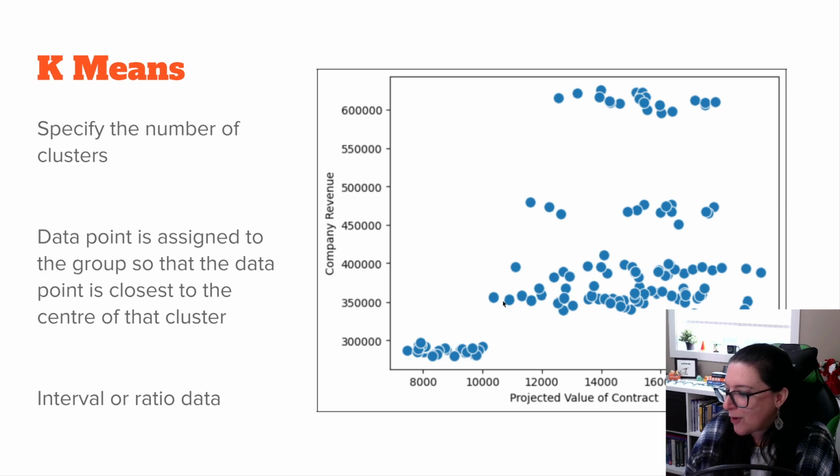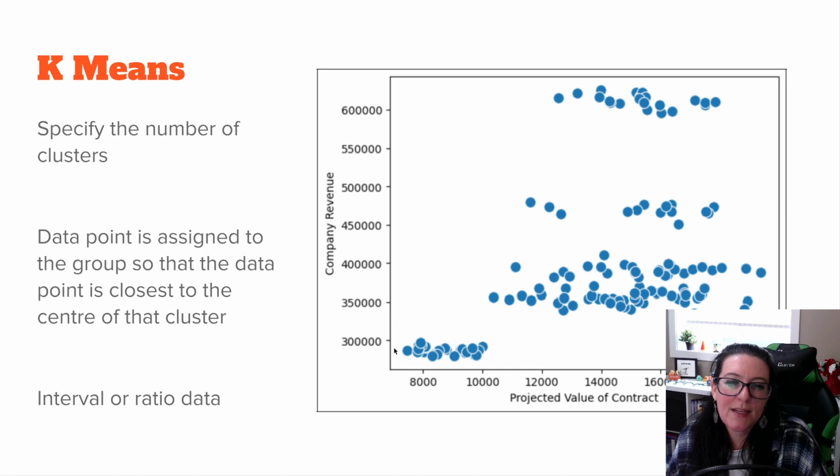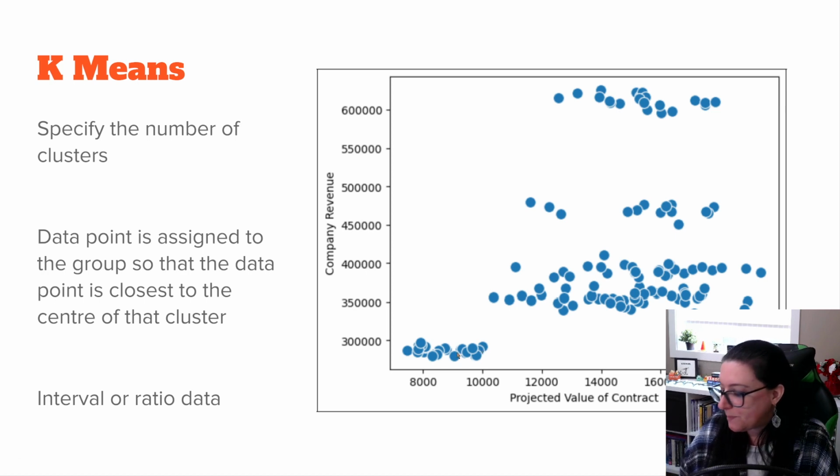So maybe this is one group, here's another group. And we can start to investigate what these groups, individuals or events in these groups have in common. And then perhaps we can target our marketing to those groups differently. We could price differently for those different groups by identifying that they have something in common.